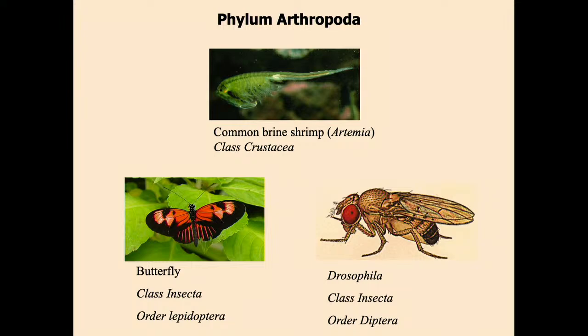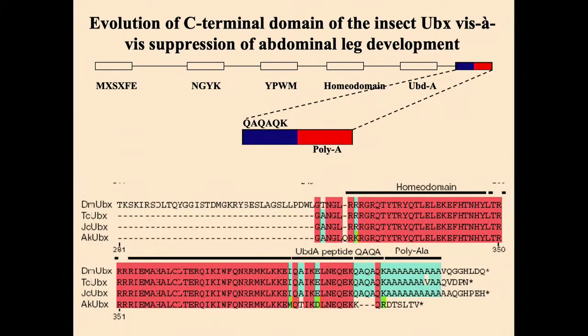Now, if you look at a particular protein called UBX, don't worry about it. It has what we call a DNA binding domain, and then you have certain N-terminal and C-terminal regions. If you take the UBX from very different organisms, these 3 are insects. The first one is Drosophila, the second is Tribolium, the third is a butterfly, and the fourth one is a shrimp UBX.